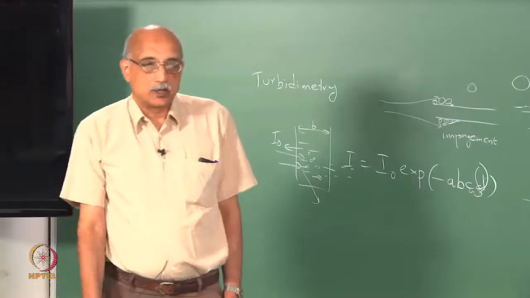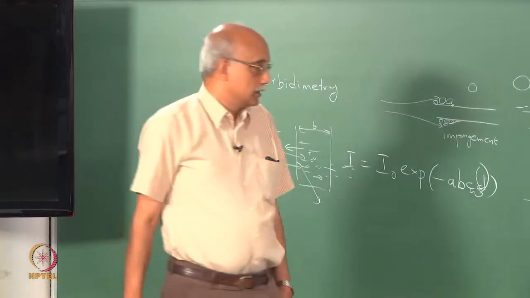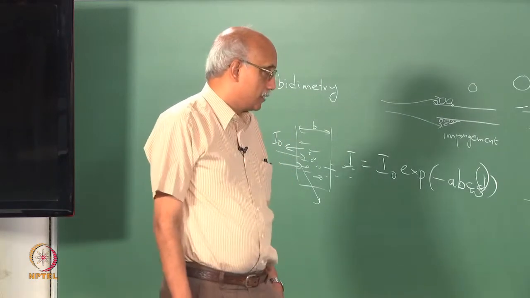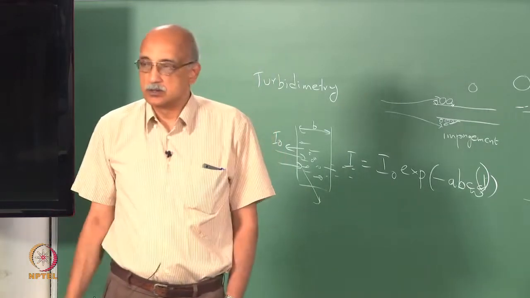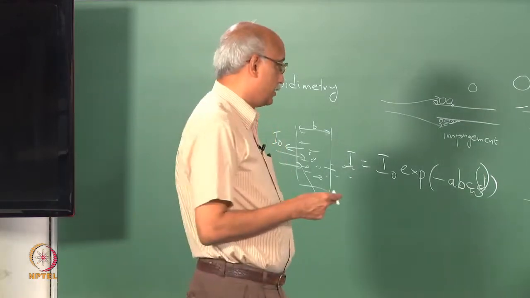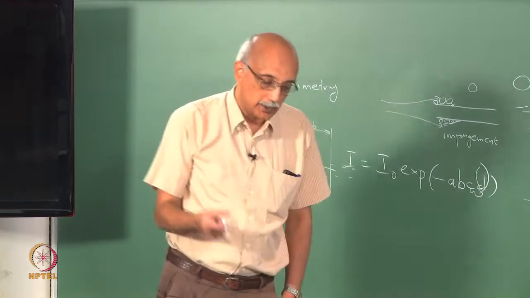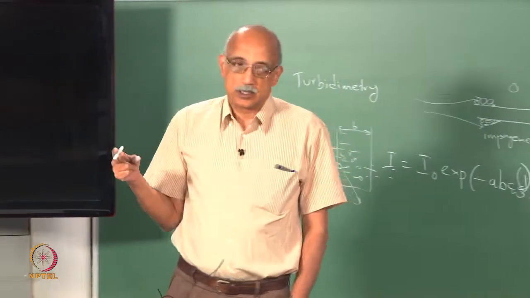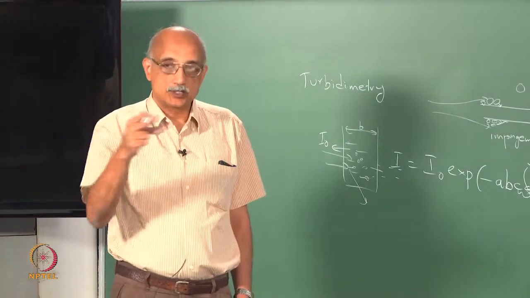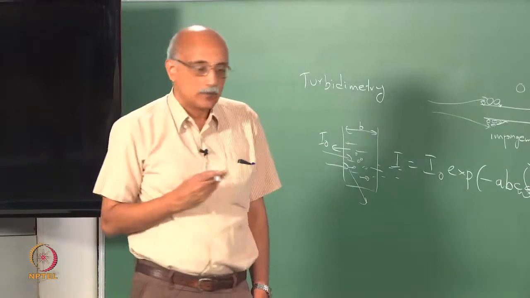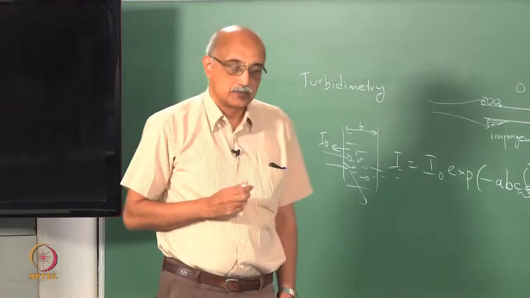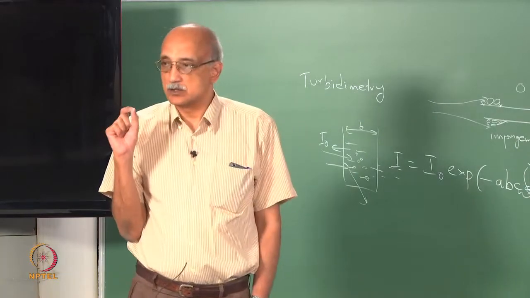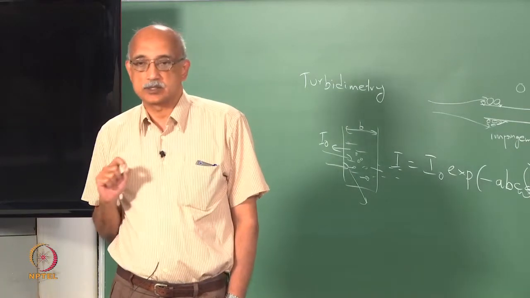How would they be related? Clearly they will be related by many properties of the particle as well as the medium that it's suspended in, by the wavelength of the light, by the distance of separation from the light source to the particle. So, there are many parameters that will be involved and particle size will be obviously one of the most important parameters.